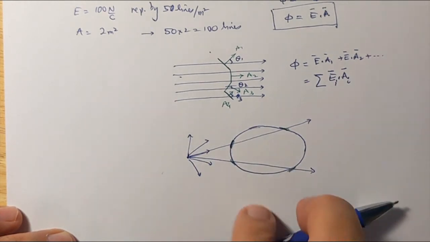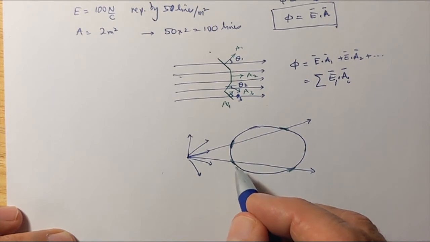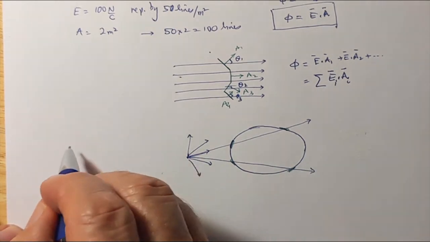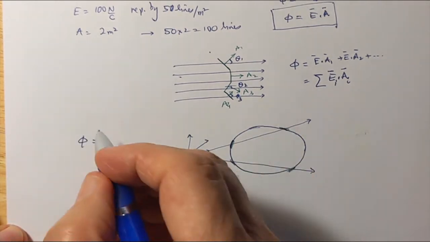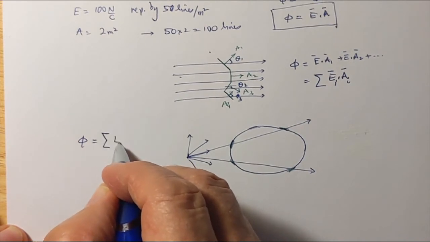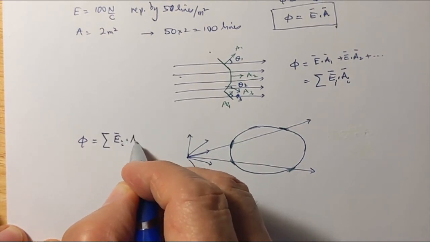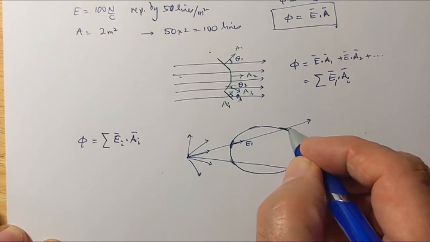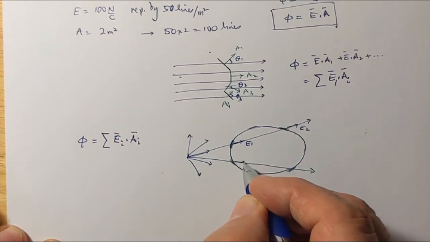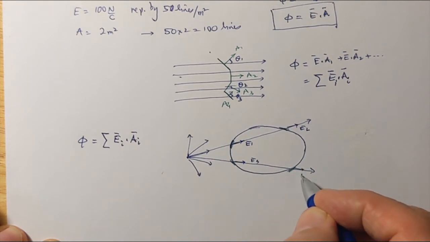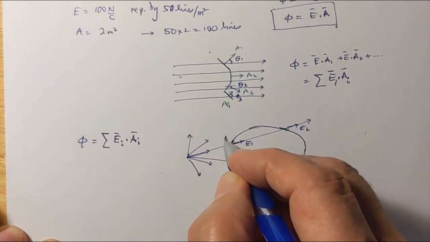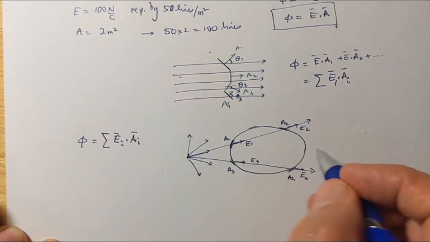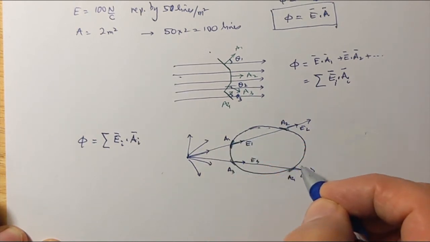And we have an electric field that's entering here and one that's leaving here, which would mean that the flux, which is the sum of every Ei dot Ai, where this would be, for example, E1, this could be E2 or E3, E4, and there will be a lot more like that, and then this would be A1, A2, A3, and A4. And well, we would have little areas over the entire surface.